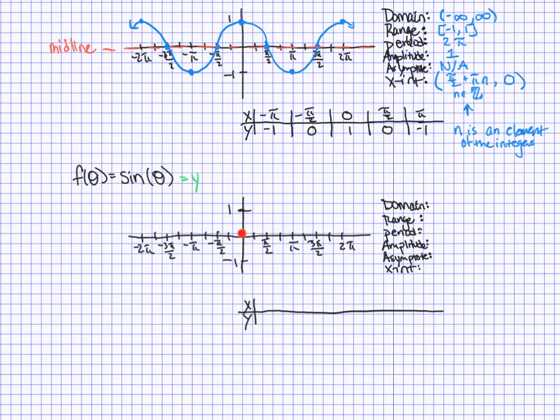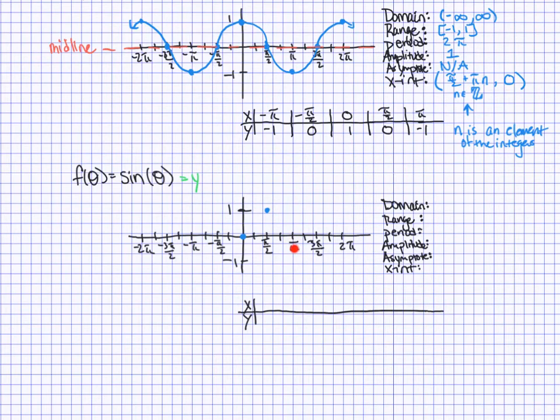At 0 radians, what is the y value at that point? Well, that's going to be 0. At pi over 2, what is the y value of the coordinate at that point? Oh, well, that's going to be 1.